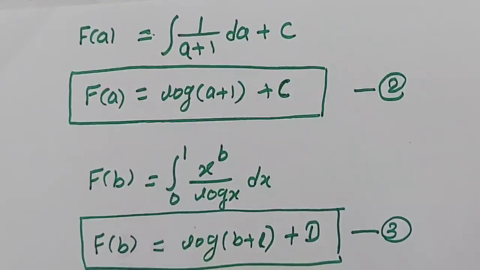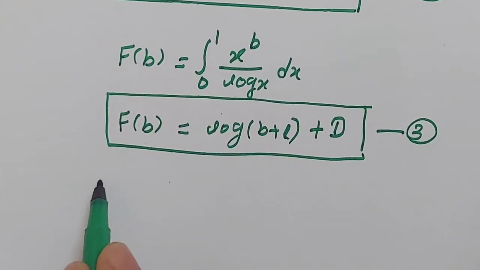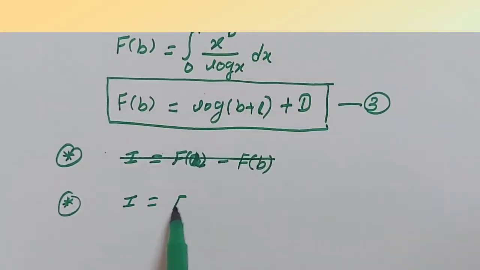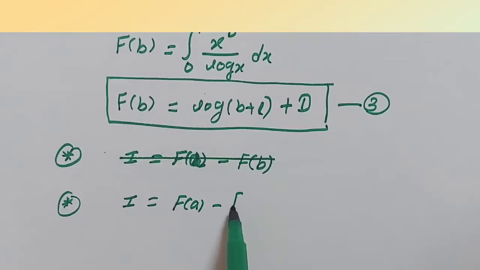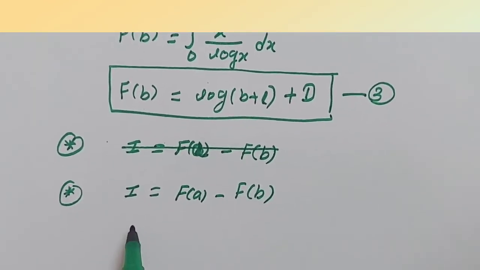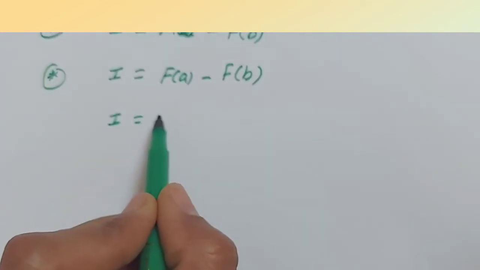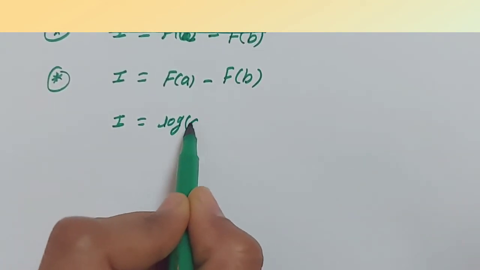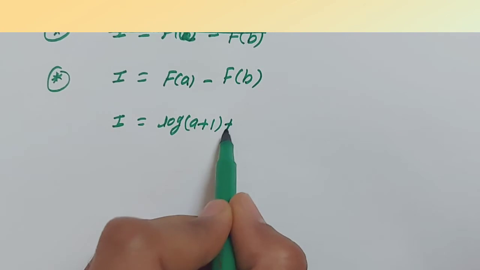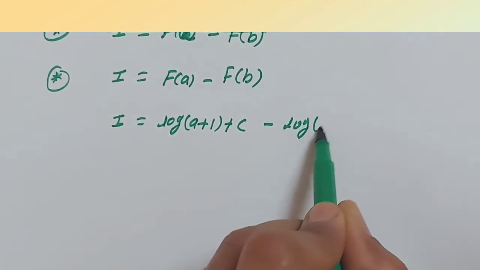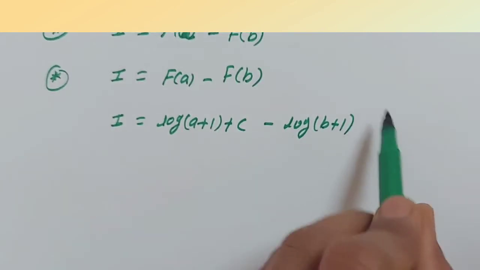Now put this value in equation star. Equation star is I is equal to f(a) minus f(b). So here f(a) is log of (a plus 1) plus c minus f(b) is log of (b plus 1) plus d.